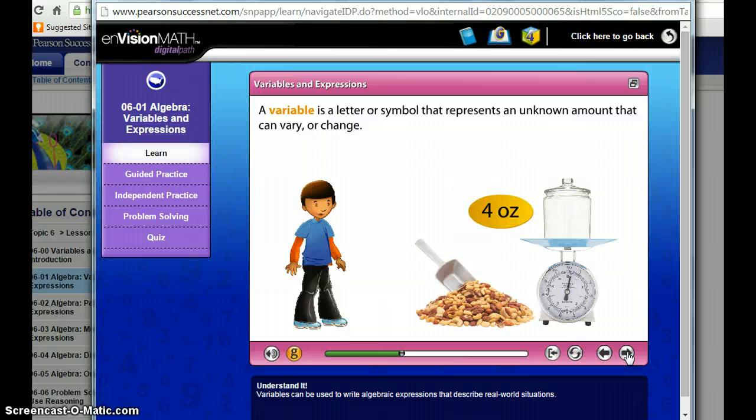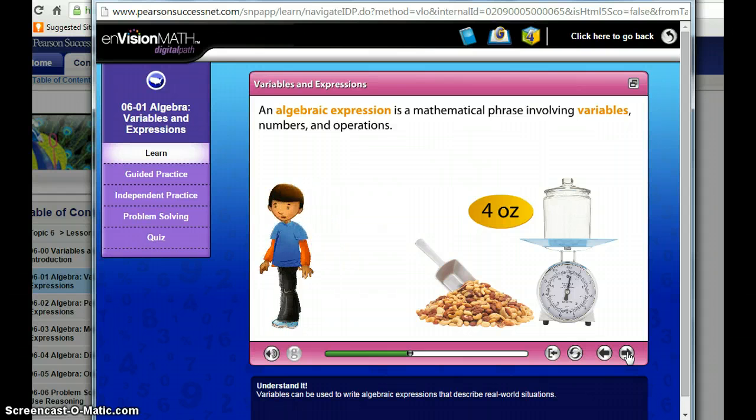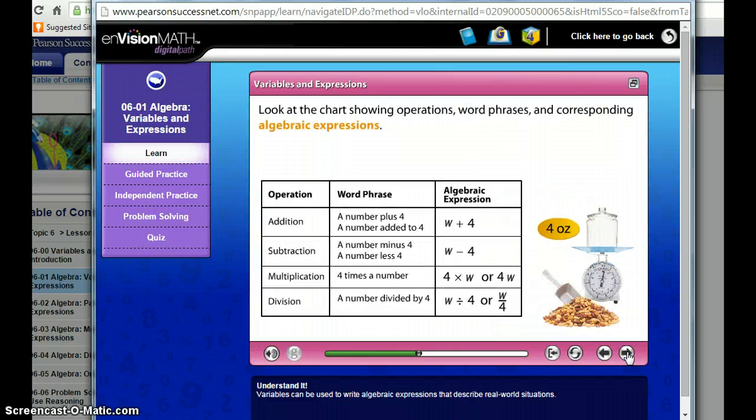Just like we know the weight of the jar, and we want to figure out the weight of the mixed nuts, we have to set up an expression to figure that out. An algebraic expression is a mathematical phrase involving variables, numbers, and operations. Look at the chart showing operations, word phrases, and corresponding algebraic expressions.